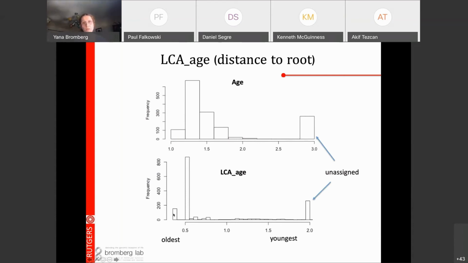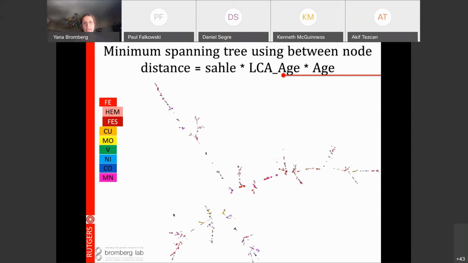So by using the LCA age and the Sahle score, we were able to assign weights to the individual connections of the proteins. And to further reduce the world to things that were most interesting, we asked for a minimum spanning tree for the entire set of spheres that we were looking at, which resulted in what you're looking at right now.